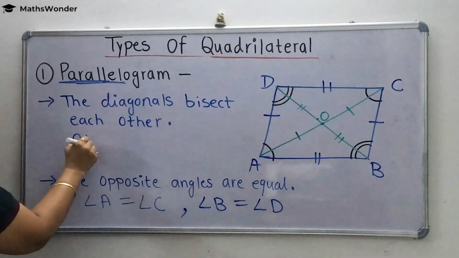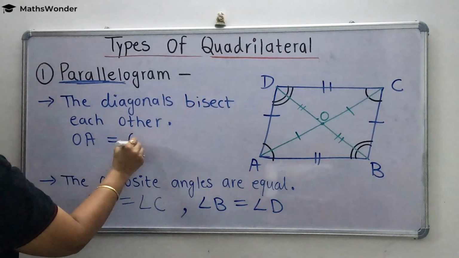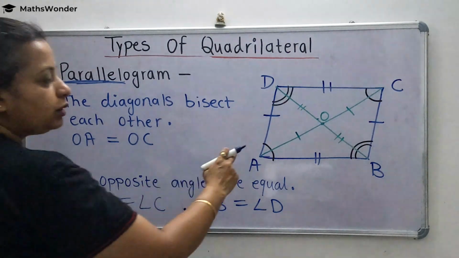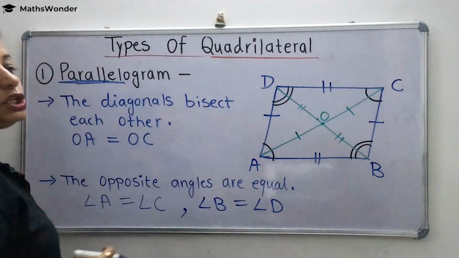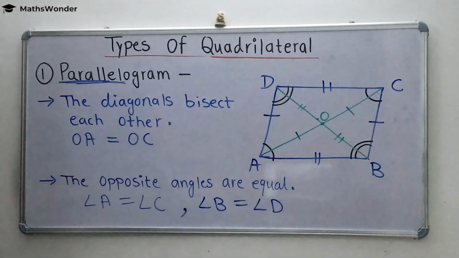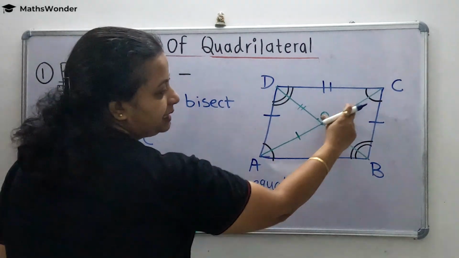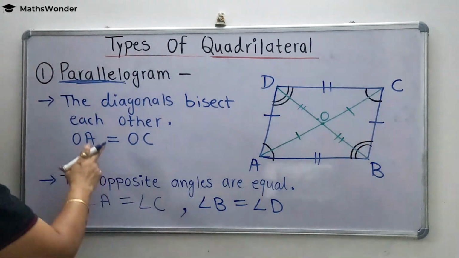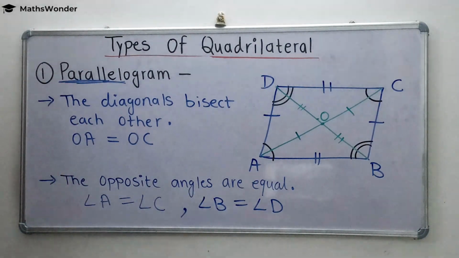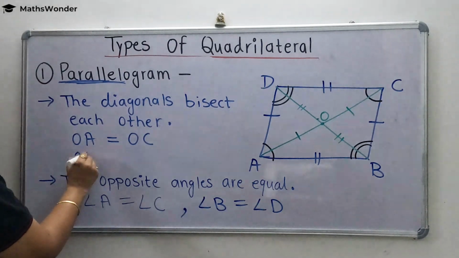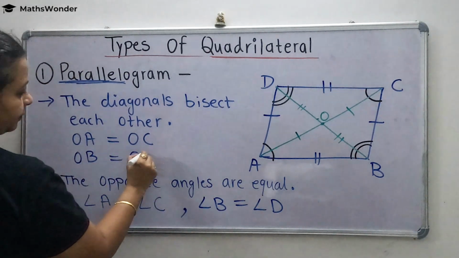So OA is equal to OC, because bisect each other means it's divided into two equal parts. AC is a diagonal, right? So AC is the diagonal, and O divides it into two equal parts. This part is equal to this part. That's why we call it the diagonals bisect each other. So OA is equal to OC and the other pair is OB is equal to OD.